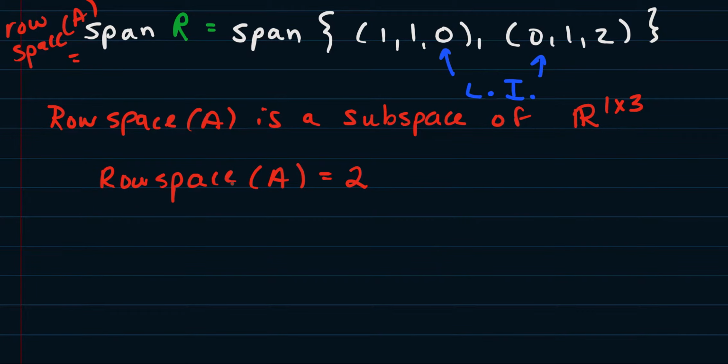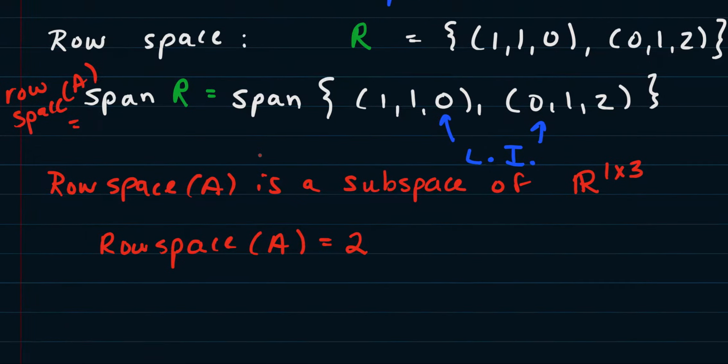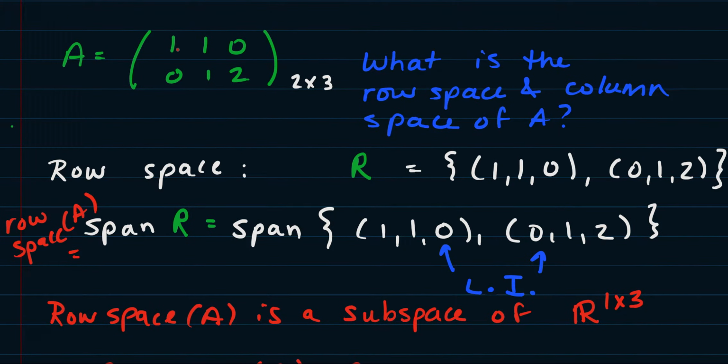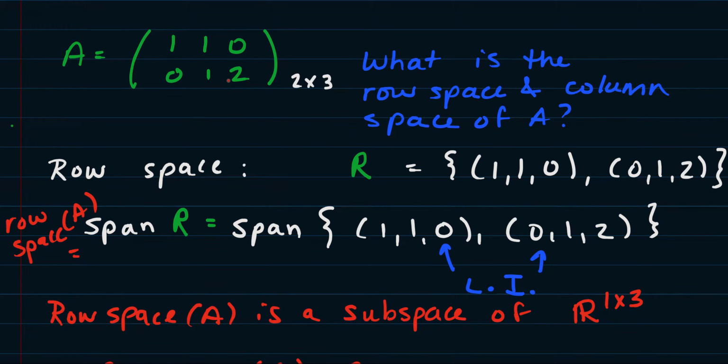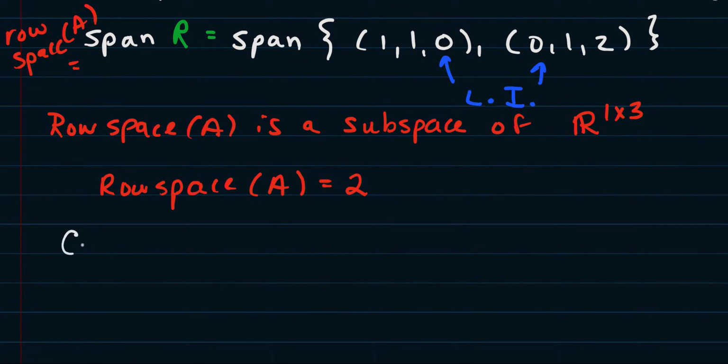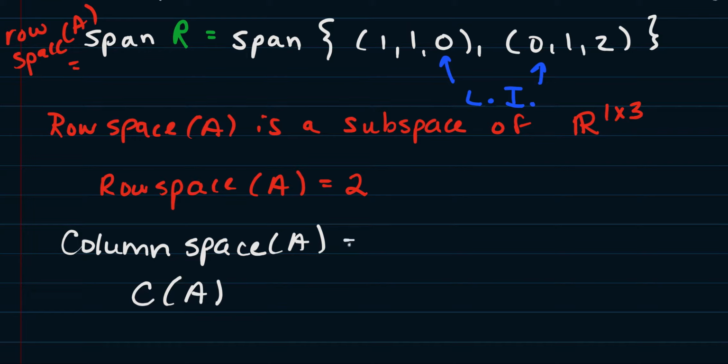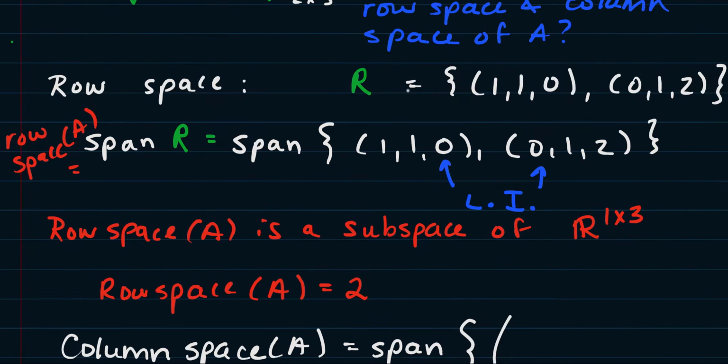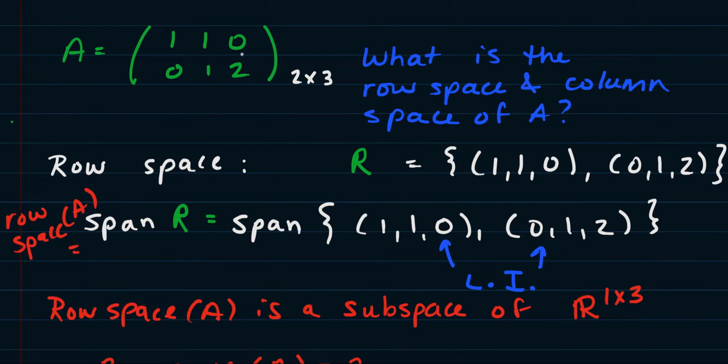Okay, let's find the column space. So let's look back at our matrix. We have 1, 0, 1, 1, and 0, 2. So the column space, and some people abbreviate column space as C of A like this, is equal to the span of these three vectors, 1, 0, 1, 1, 0, 2.